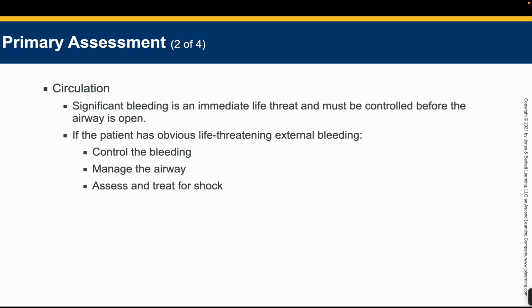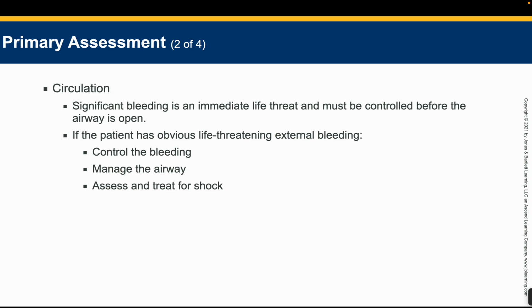Focusing on circulation. This is where priorities can shift quickly in trauma. If your patient has significant bleeding, that becomes your immediate life threat. And it may need to be controlled even before you move to the airway. So if you see obvious life-threatening external bleeding, the steps are pretty clear. First, control the bleeding. That always comes first.